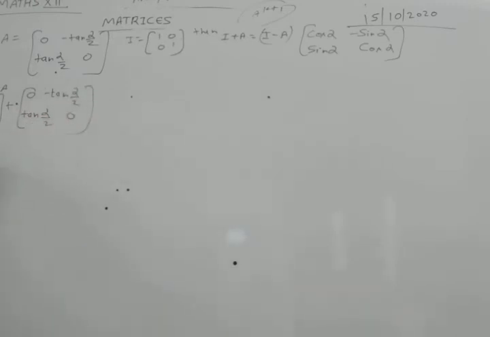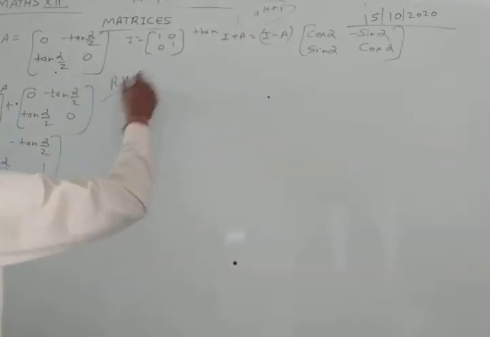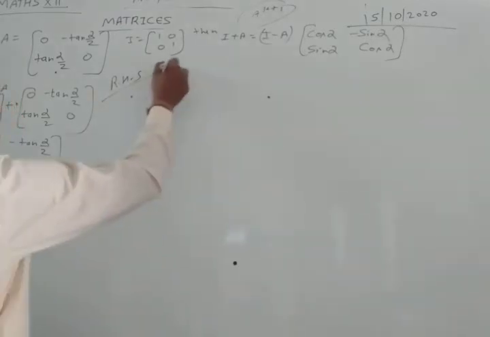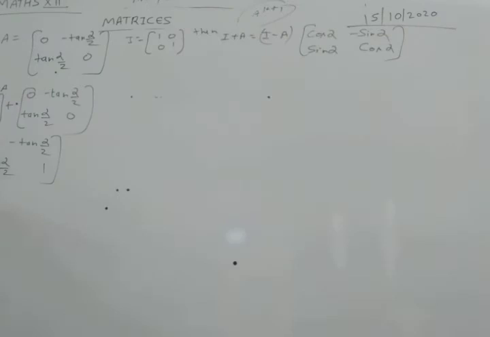So this is our 1 minus tan alpha by 2, tan alpha by 2 and 1. Okay, so this is our left hand side. Now take the right hand side.